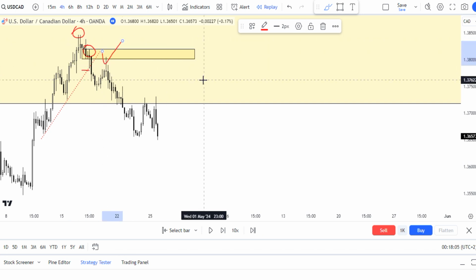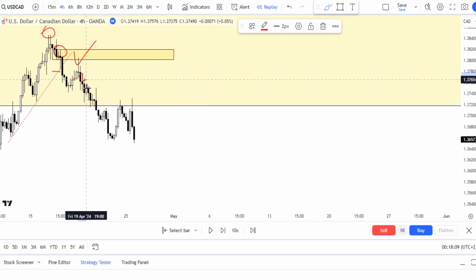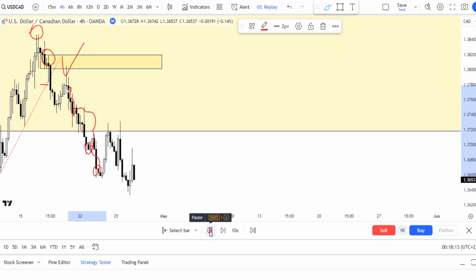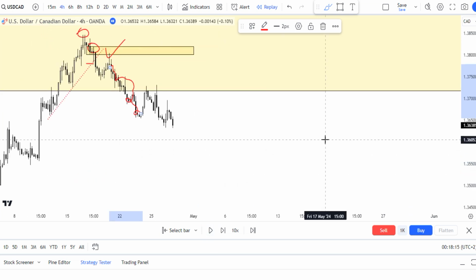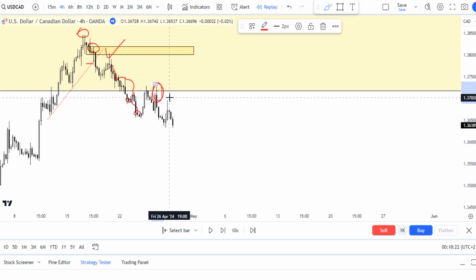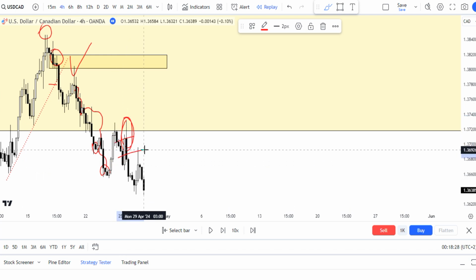Now let me go forward. We didn't have any impulse here, these are all corrective moves, small moves. So now you can ask why I cannot place an order in this imbalance here. This looks like an imbalance as well, but no, we are not going to do that because it's in a bad location.